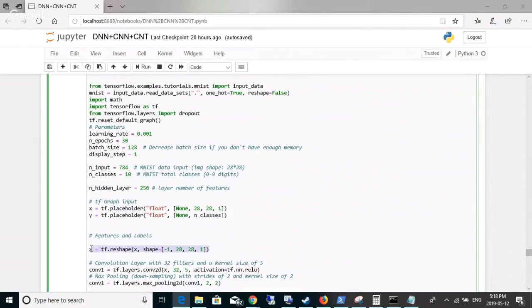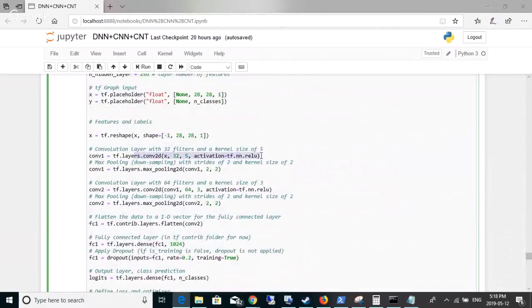Instead of reshaping the x as flattened out 784, we're reshaping it as 28 by 28 by 1, which is black and white, and however many images there are.